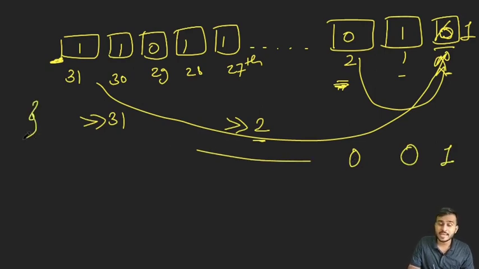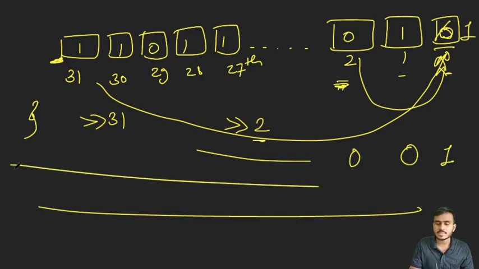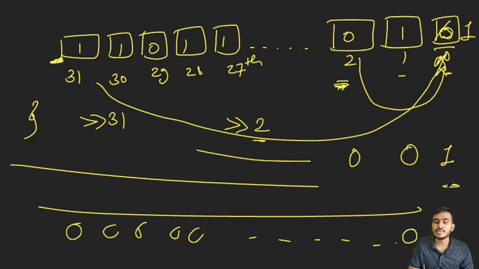When we take bitwise AND with 1, what will happen? All these left side bits are 0, so this is going to be multiple zeros, and finally only this bit is 1. So if this bit is also 1, it is going to give 1 as the output. If this bit is 0, it is going to give 0, because we know that 1 and 1 is 1, and 1 and 0 is 0.